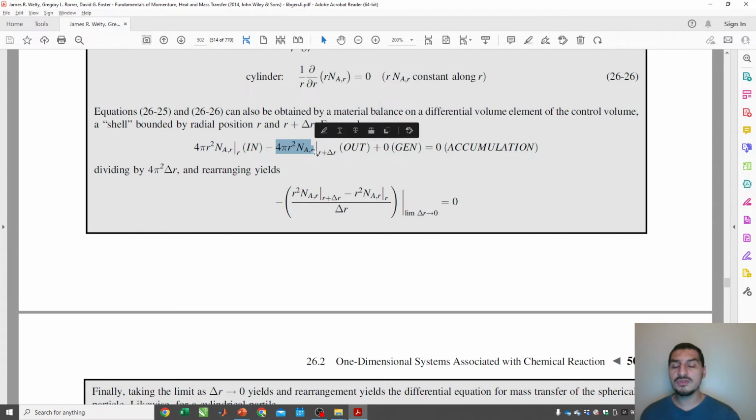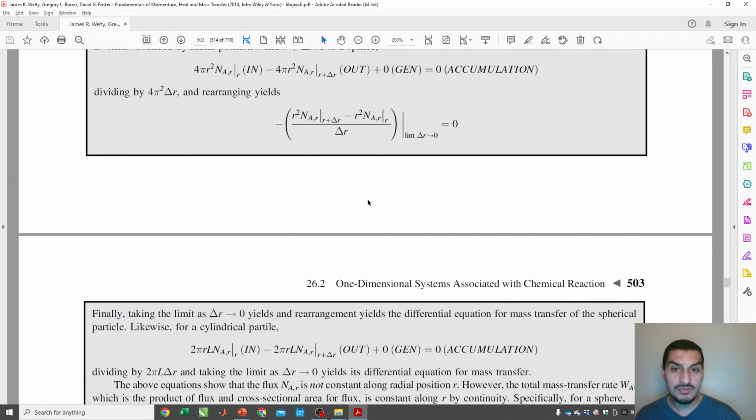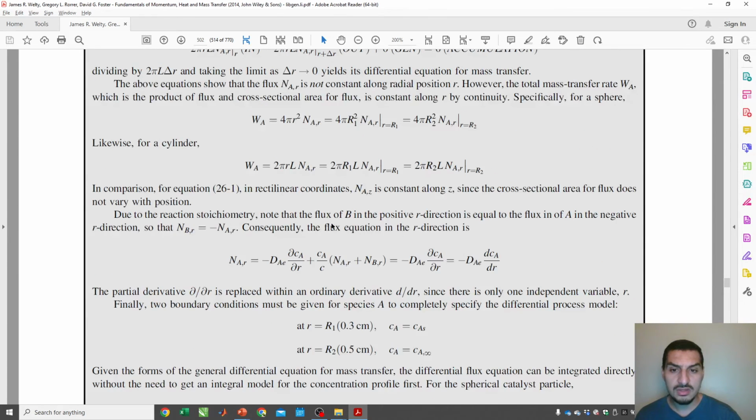So he started with the very first equation of derivation of the continuity equation, with R plus delta R, and then he took the difference and divided by delta R, and the equation that he got is W, which is the rate, equals 4 pi R squared N_AR for sphere, and 2 pi R L N in case of a cylinder. So this is the constant that he got.